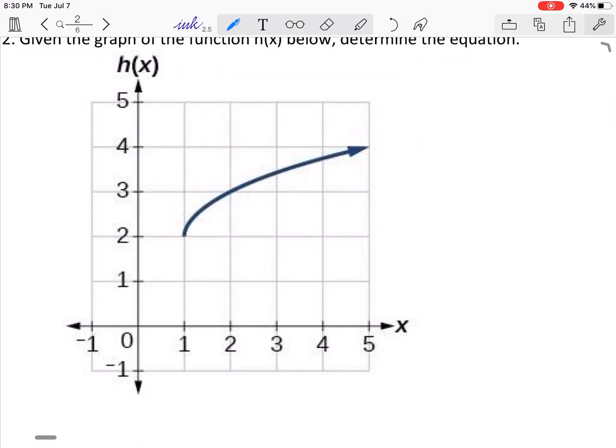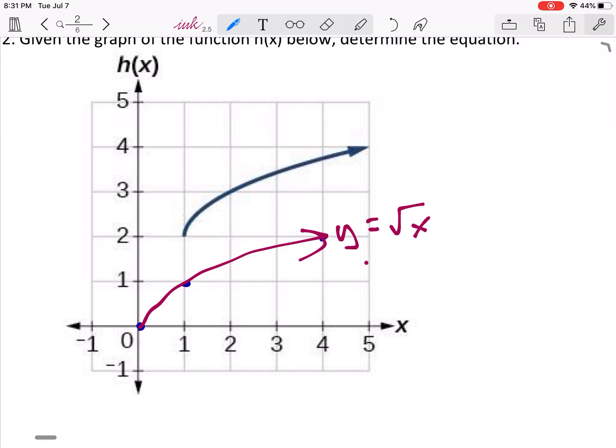So that was 0, 0, 1, 1, and 4, 2. Okay, so this is your base function. Okay, so this is your y equals root of x.